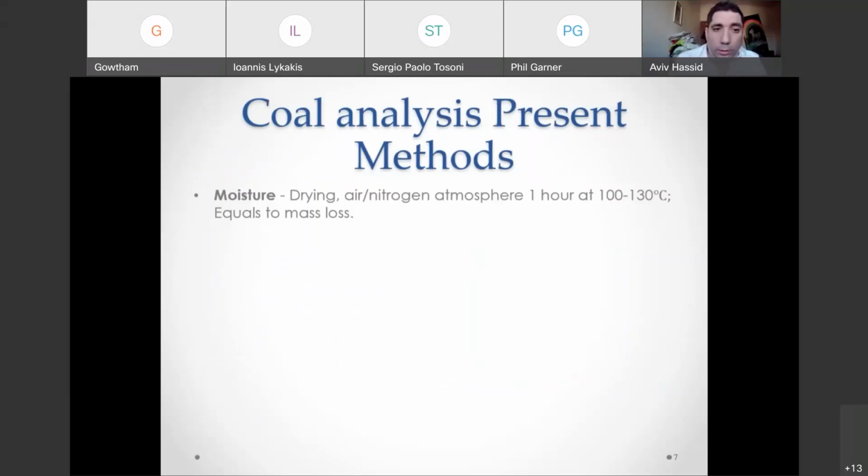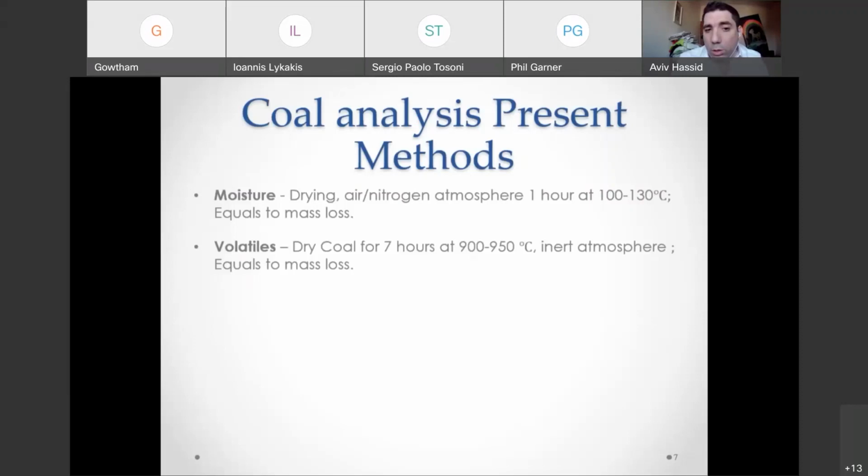The mass loss equals the percent of the moisture. For volatile, we heat the coal for 7 hours at 900 to 950 degrees under an inert atmosphere. And again, the percent of mass we lose during this process is the percent of volatile gas released during it.